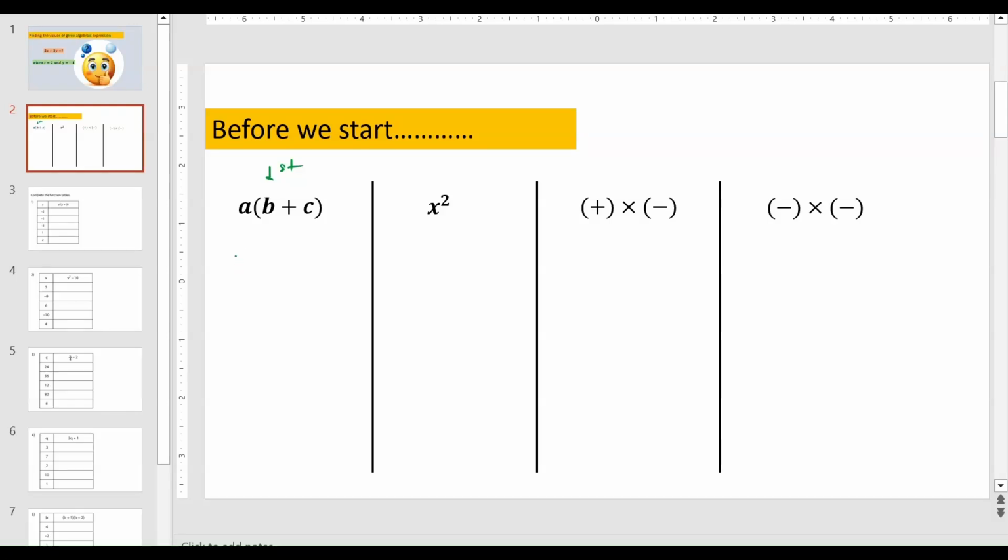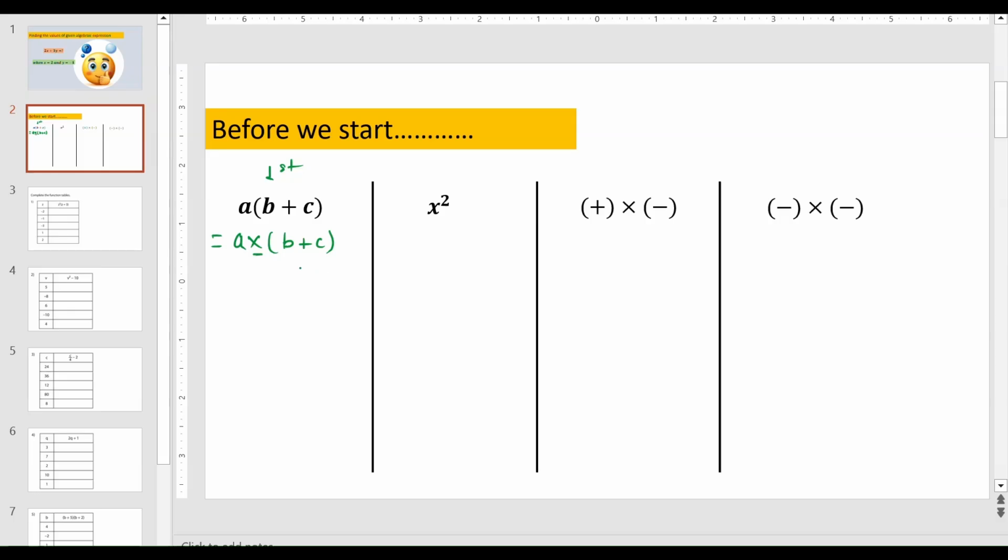If we have an expression like a(b + c), always remember there is a multiplication sign between the value outside the bracket and the values inside the bracket. So there is always a multiplication symbol.